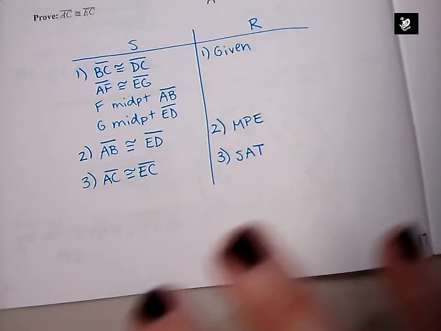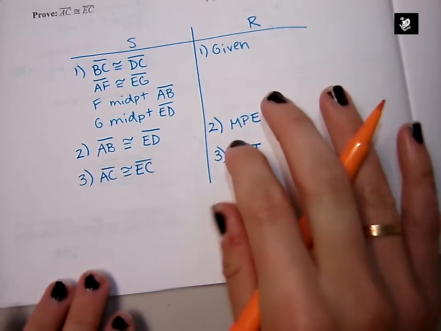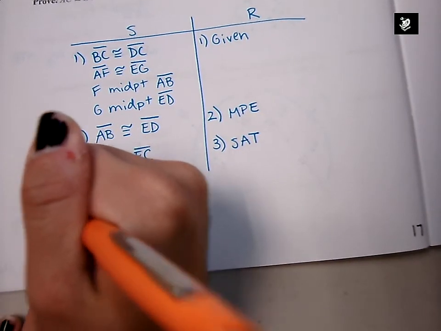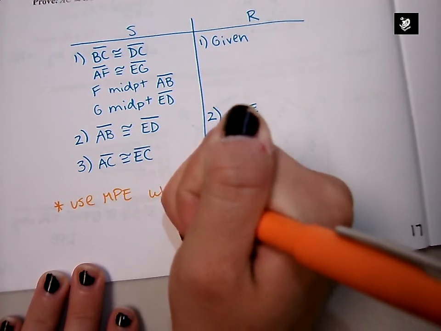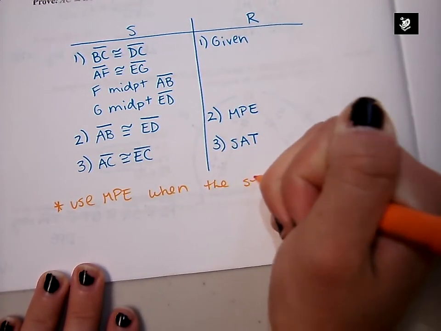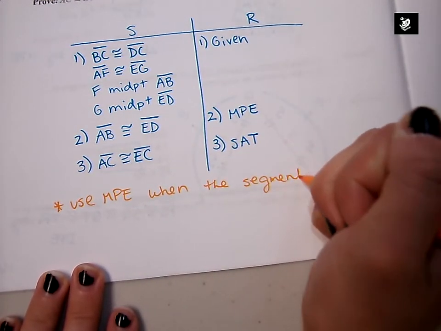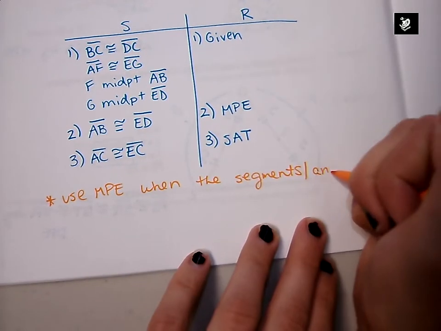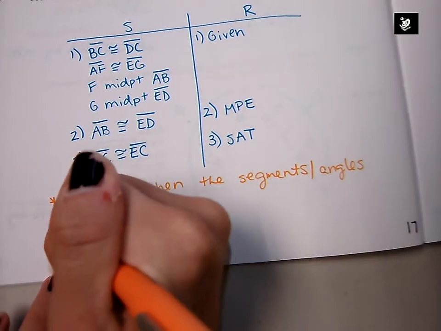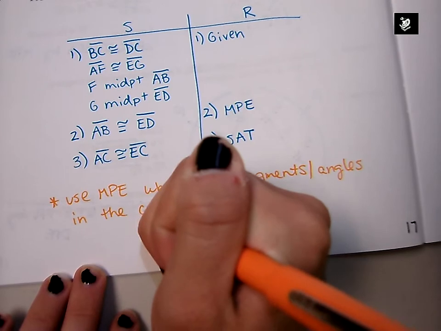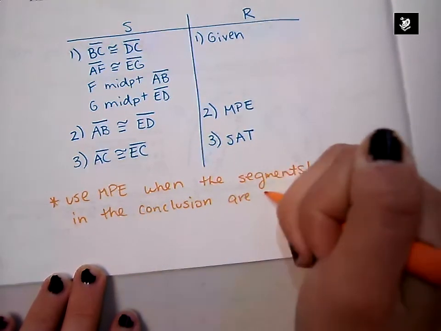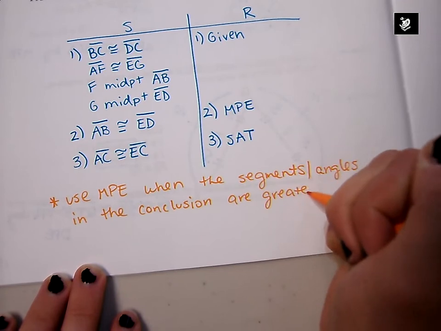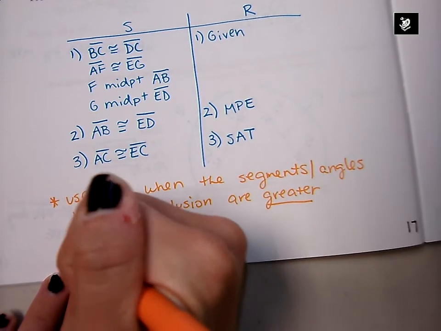So maybe we want to just write here at the bottom that we want to use MPE when the segments or angles, because you can do this with angles as well, in the conclusion are greater than those in the given.